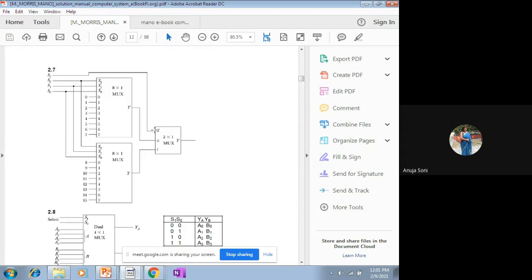With the help of this select pin, at one moment it will select the upper side multiplexer. Whenever the value of S is 0, it will enable one multiplexer. Whenever the value of S is 1, it will enable the next multiplexer.